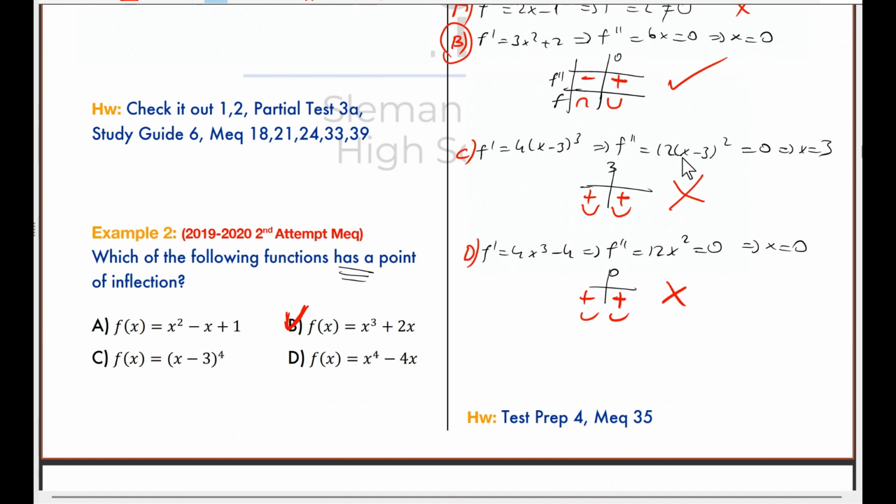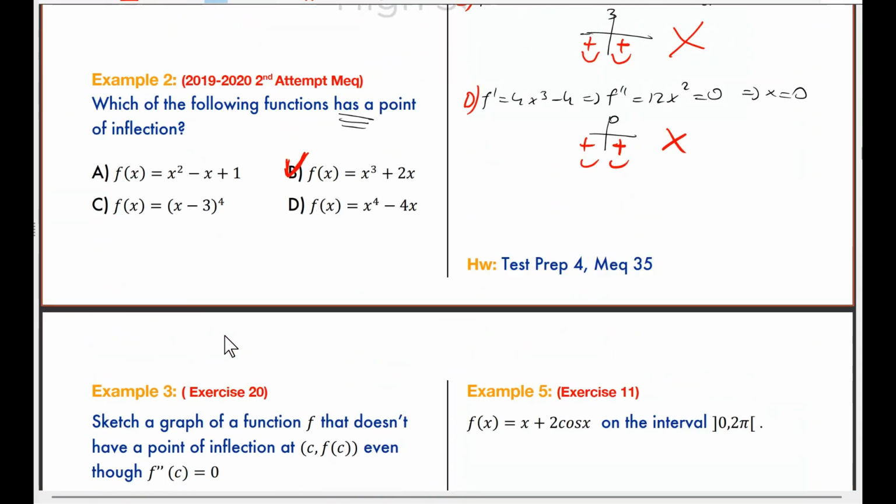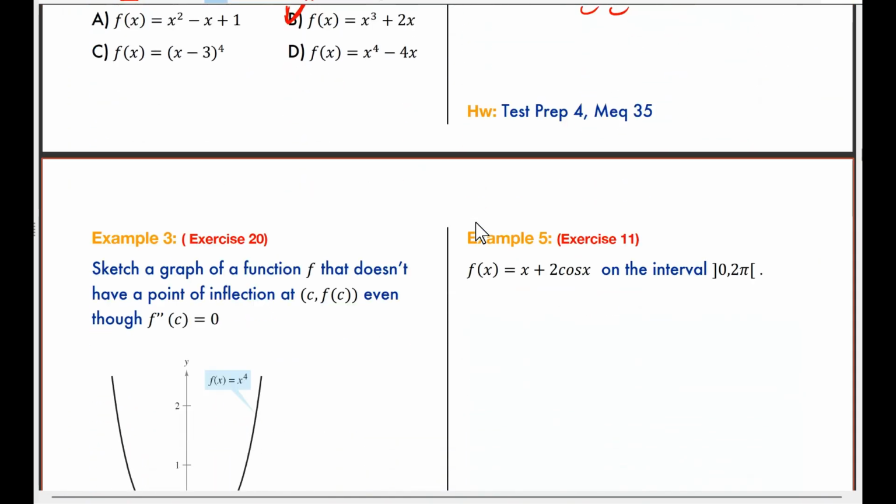We have a value that makes second derivative equal to 0, but since concavity doesn't change, we didn't have a point of inflection. So we have the same idea here. Second derivative is 0, but concavity doesn't change, so it's not point of inflection. So this is an example to this situation along with these two examples.